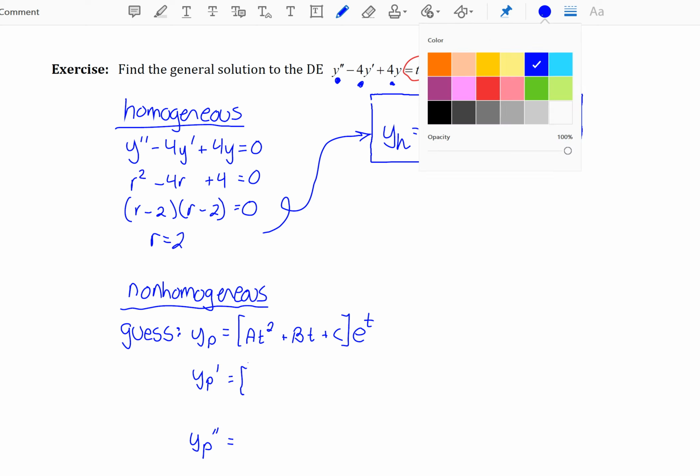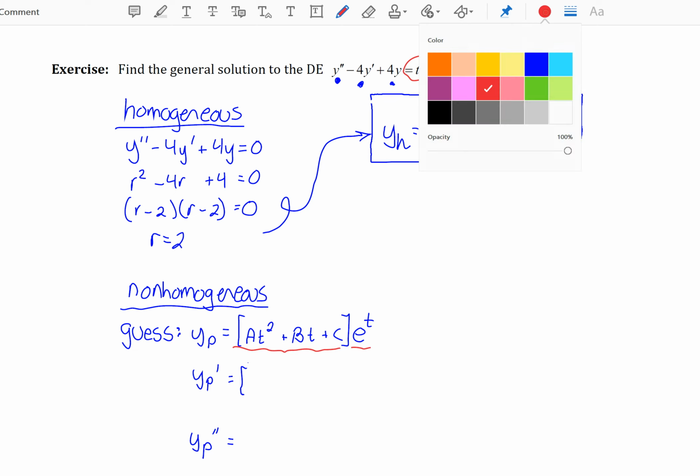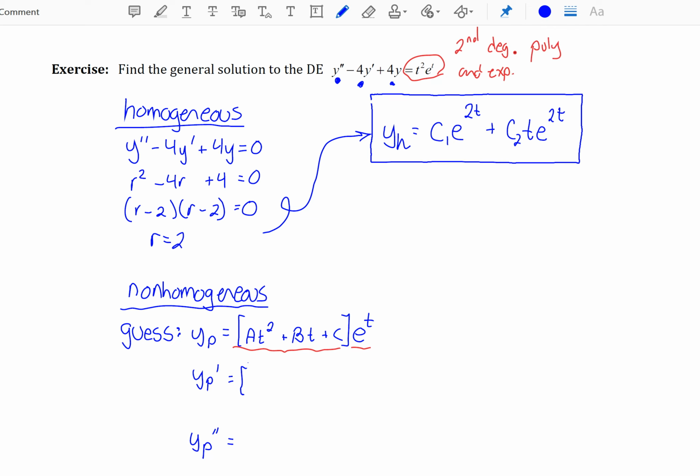So first thing you want to notice probably is that our forcing function is a product, a polynomial times an exponential. So you're going to have to use the product rule. Let's take the derivative of the first, which is 2at plus b times our exponential, plus by the product rule, the derivative of the second times the first.